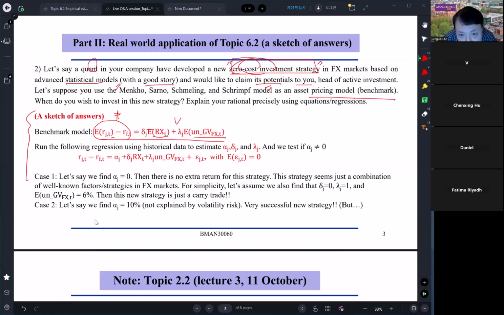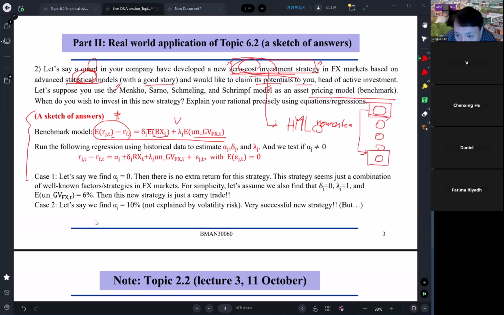You're going to run the regression. First, you get the historical value of this investment strategy. So you have to compute something like high minus low on the new criterion. You implement this zero cost investment strategy by ranking all countries by a certain statistical criterion, statistical model, and you buy the highest one and sell the lowest one.